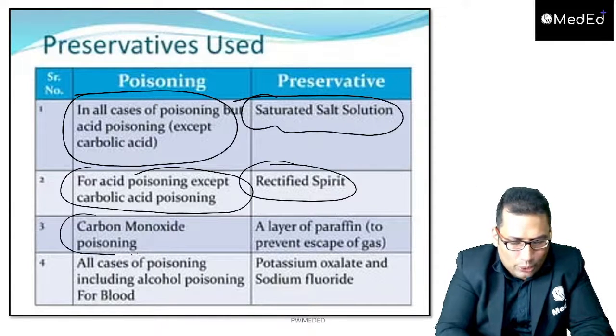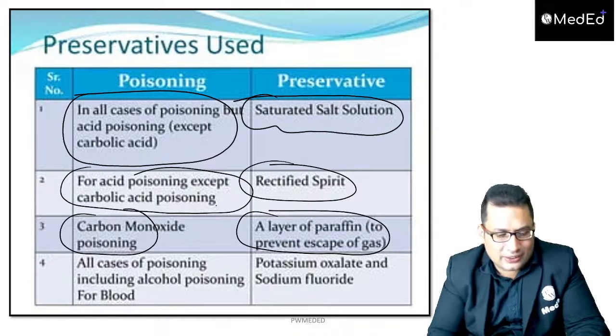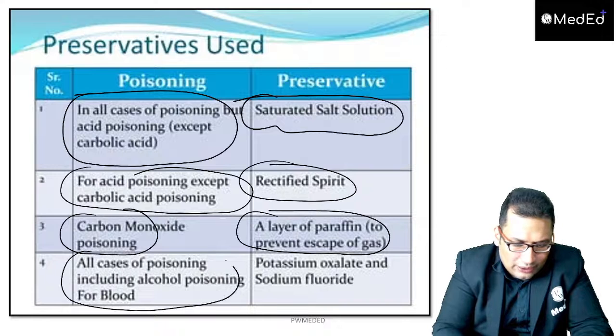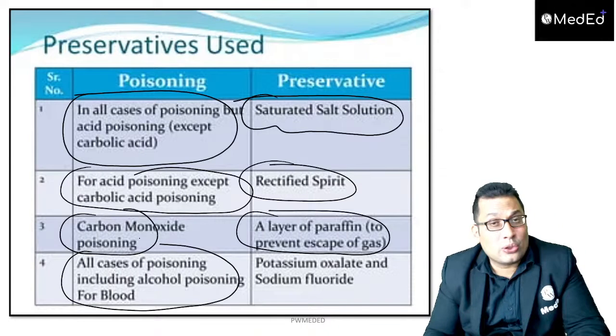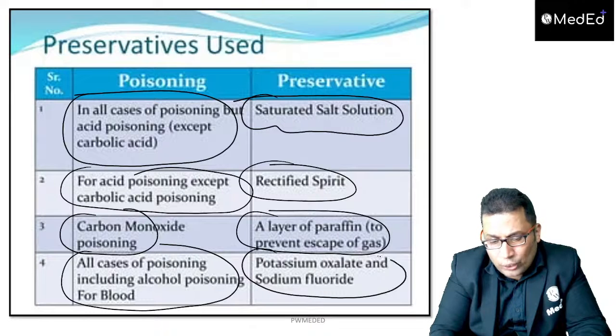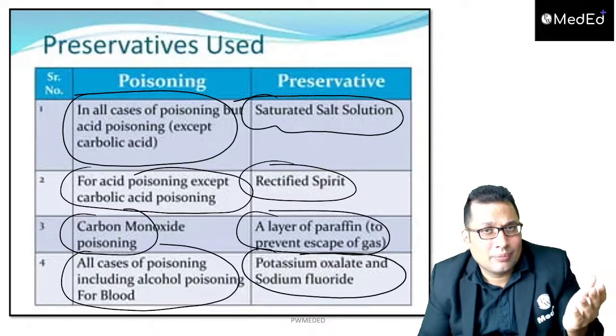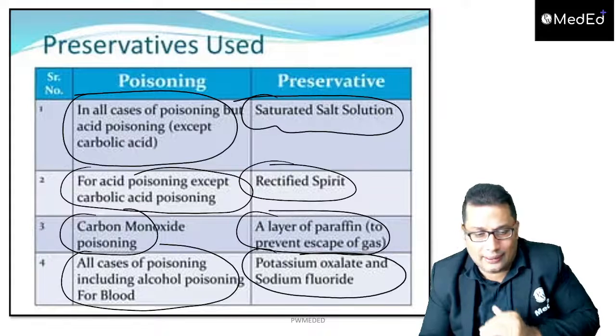For carbon monoxide poison, a layer of paraffin is used to prevent the escape of gas. In all poisonings, including alcohol, and also for blood, potassium oxalate and sodium fluoride reagent are used. Sodium fluoride inhibits the enolase enzyme. That is asked in your exam.